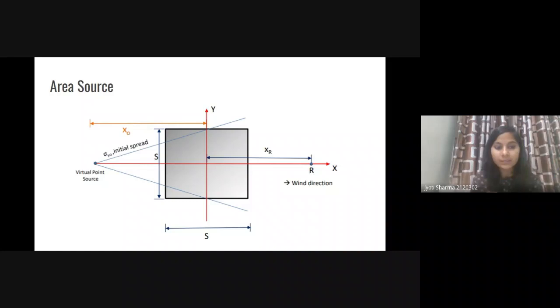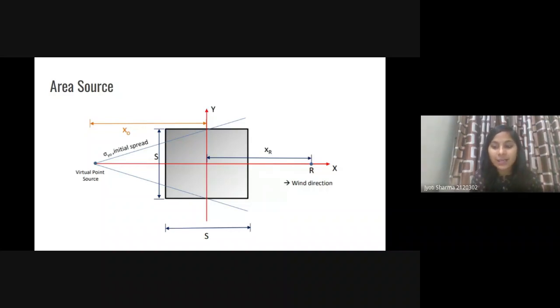The first thing is you will calculate the distance from where y and x intersect to the virtual point source, that is, how much distance we have from that virtual point source to your area source. How will you calculate that distance?